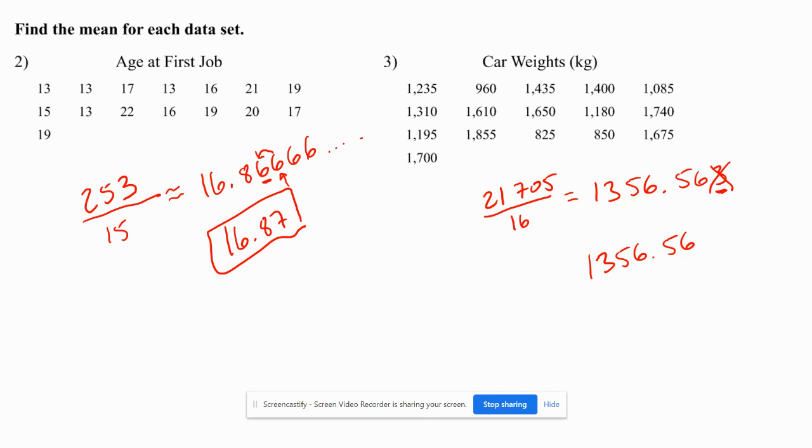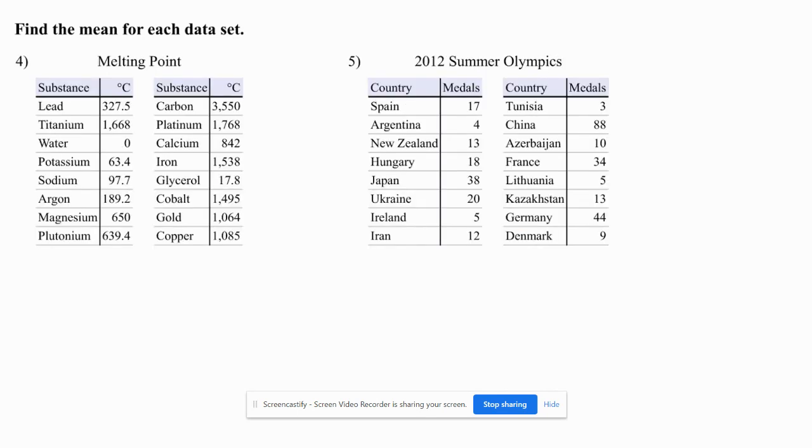Another way we can get data, because this is just a table, you see a list of numbers. Another way we can get some data is this type of list. We call this a table. I'm just focused on my numbers. The substance is just what we're measuring. I'm focused in this case on the number.